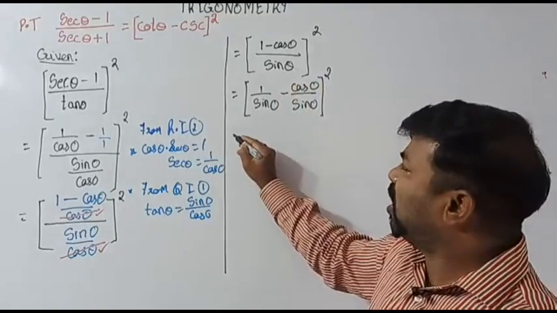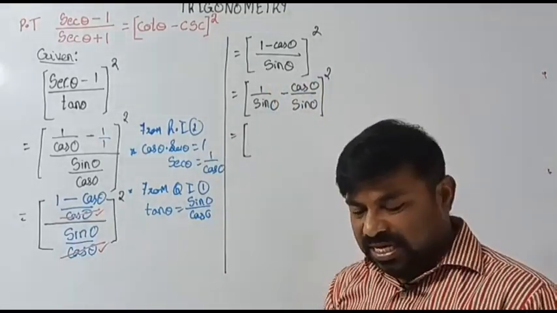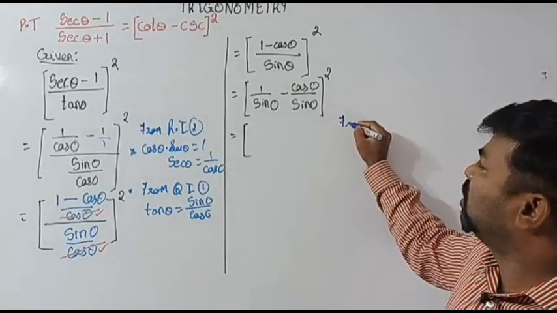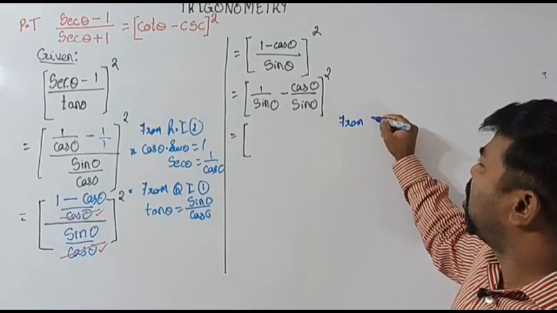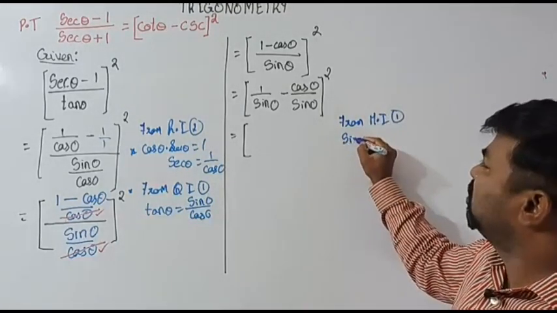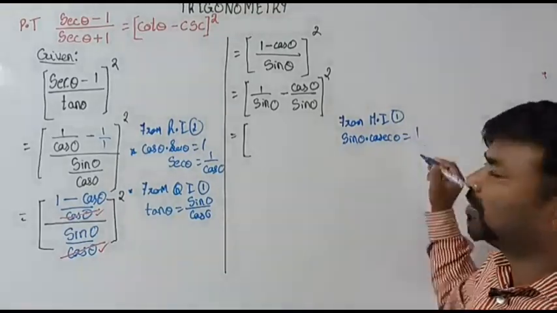Now if you check it out, how it is looking: 1 by sin theta. We have a few square identities and multiplicative identities. From multiplicative identity 1, we know sin theta into cosecant theta is equal to 1.